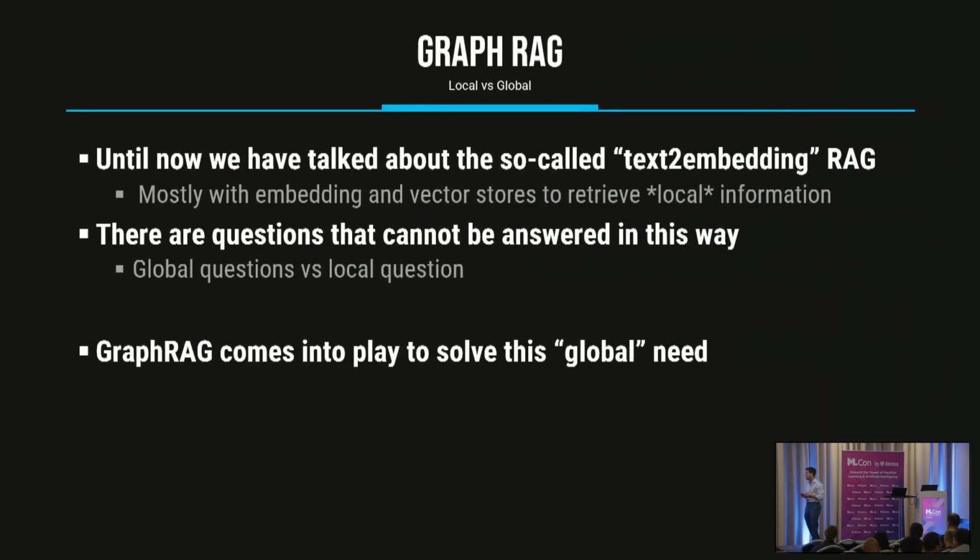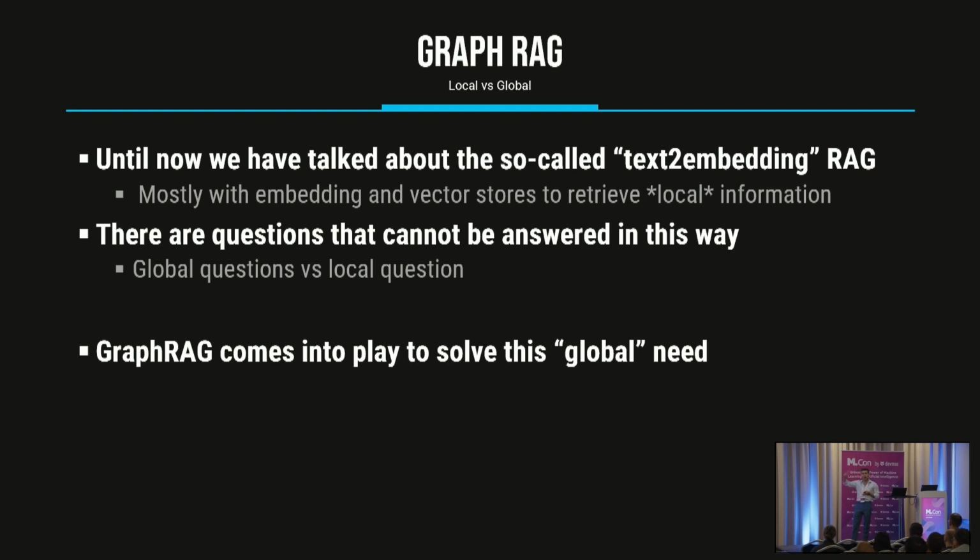Graph RAG is the other part. Until now, we have addressed only local questions. What about global questions? Local information is the kind that can be found stored together in a raw knowledge base.